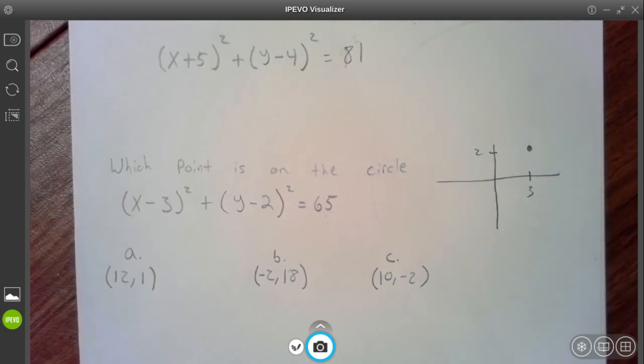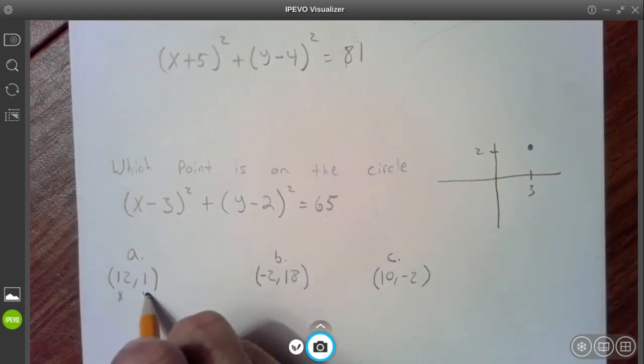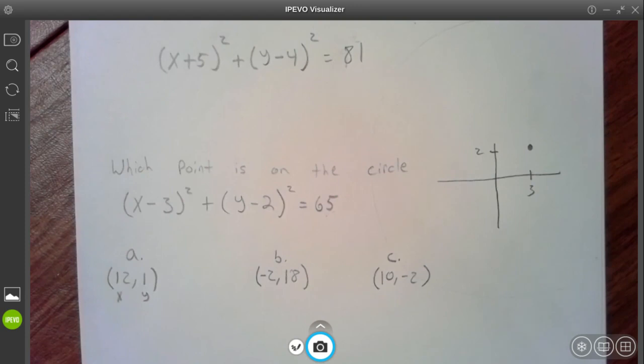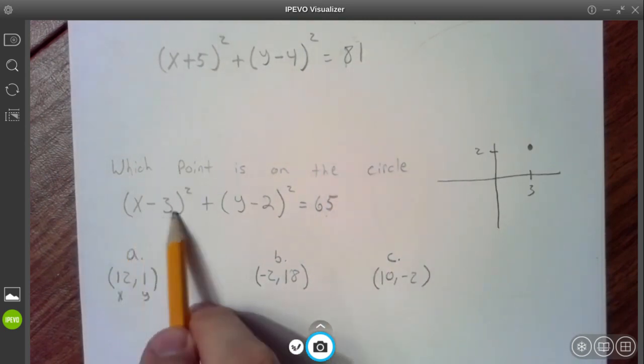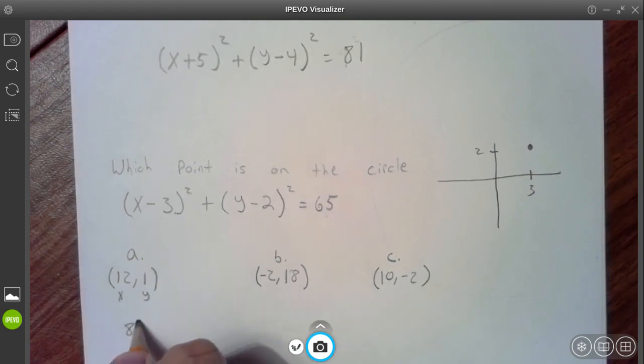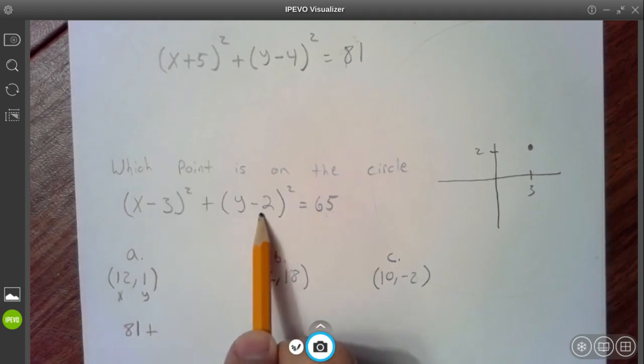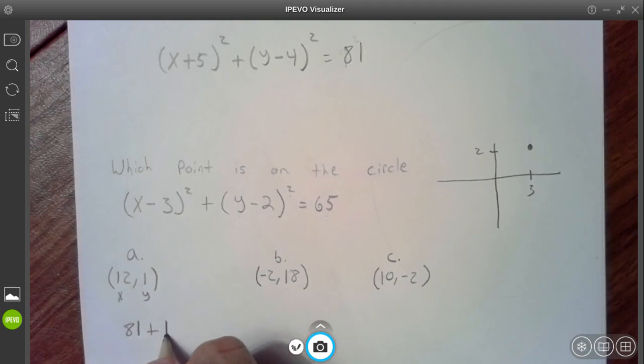Algebraically, the way you do this is pretty simple. You just plug in 12 for x and 1 for y, and then see if it balances the equation. You just see if you get 65 back. So I would plug in 12 for x, 12 minus 3 is 9, and 9 squared is 81, plus 1 for y, 1 minus 2 is negative 1, but when you square that, you get 1.